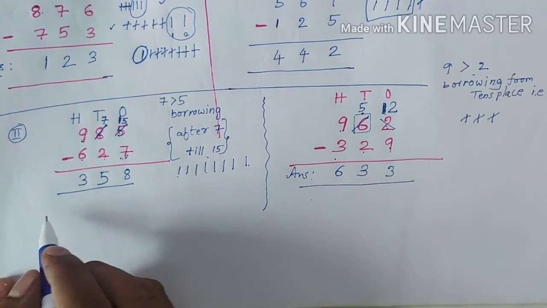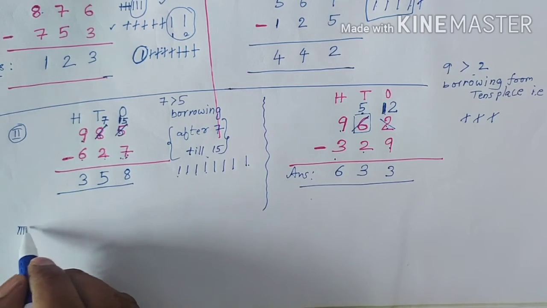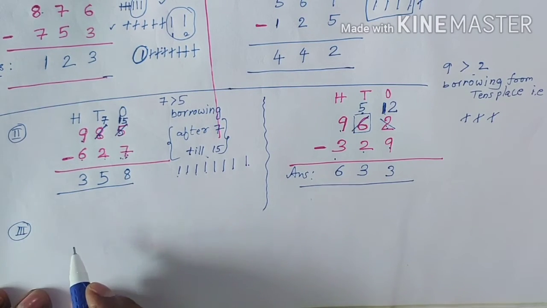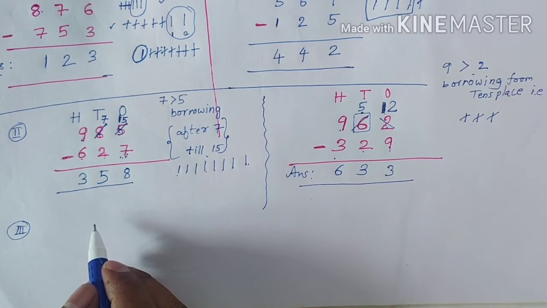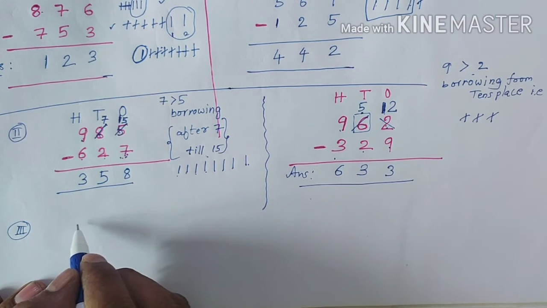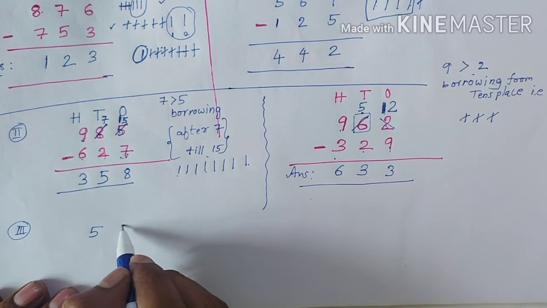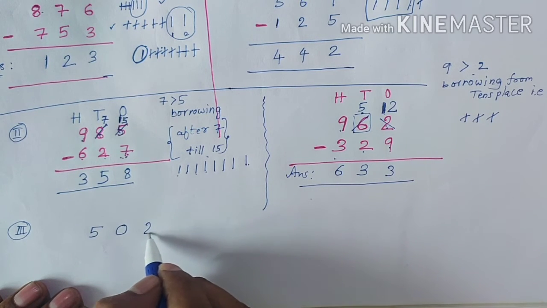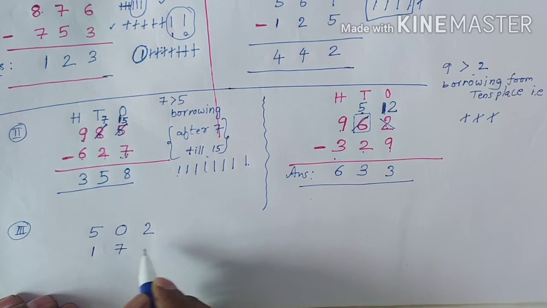So now we'll see another, third model of subtraction. Here, 502, you have to subtract 175.